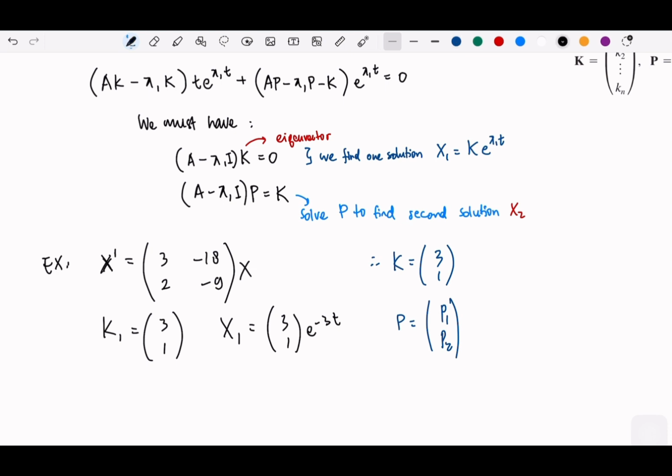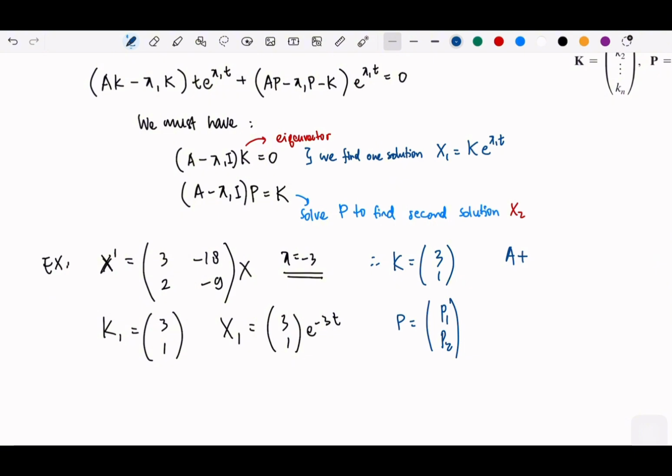So what we need to do is use the eigenvalue, which I forgot is negative 3, right? We could use row operations, but because it's a 2 by 2 matrix I don't think we need them; if it were 3 by 3, we would need row operations.